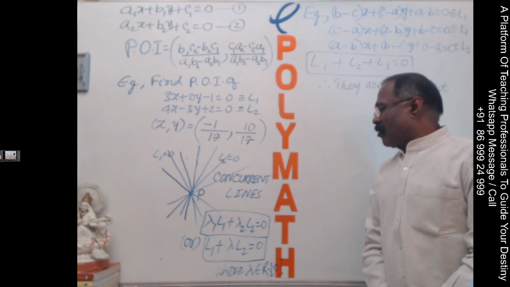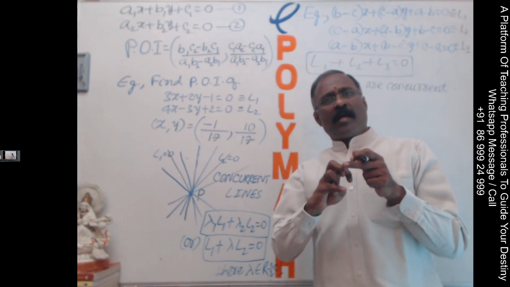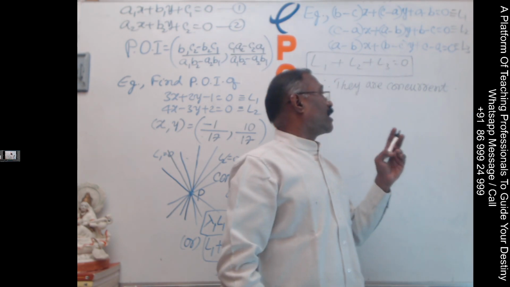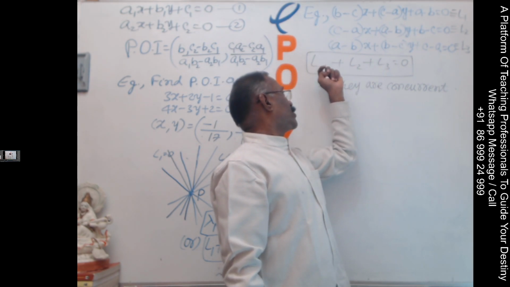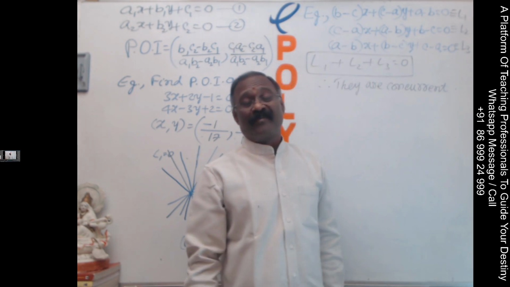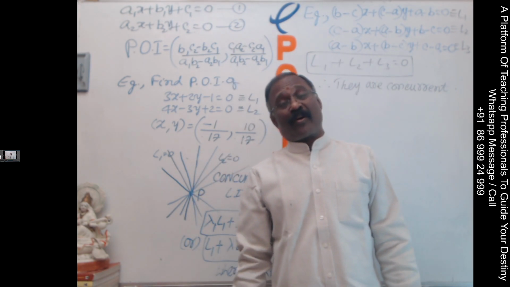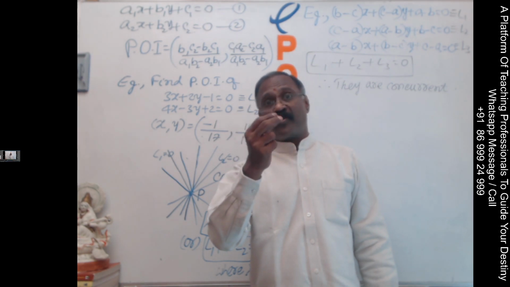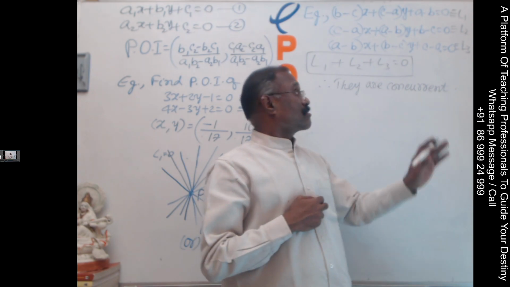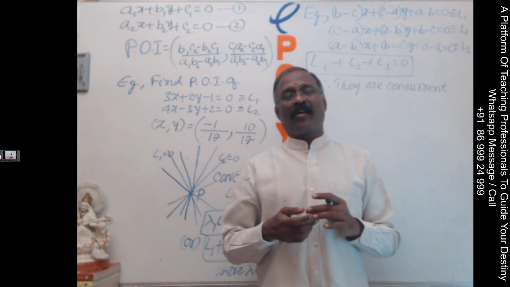That means you are getting lambda 1, lambda 2, lambda 3 each equal to 1, and hence you get this type of relation: 1 into L1 plus 1 into L2 plus 1 into L3 equal to 0. You cannot attempt to solve the first two lines and substitute in the third equation like we did previously, because they are not numericals, they are not numbers there.